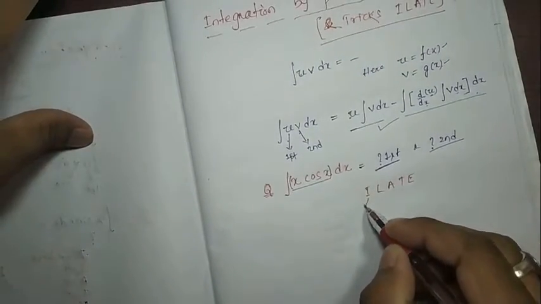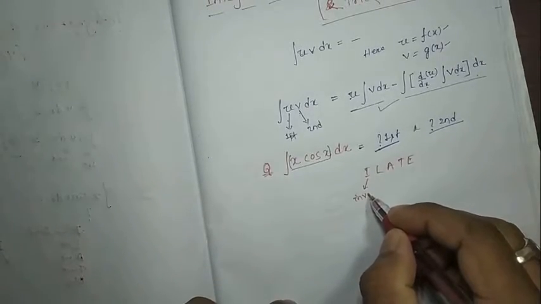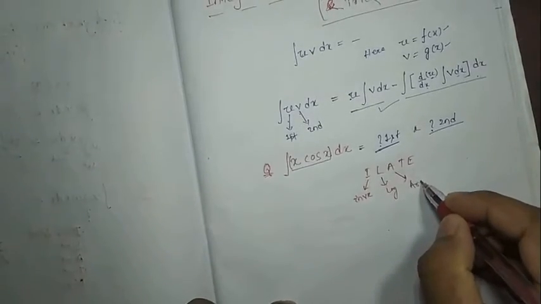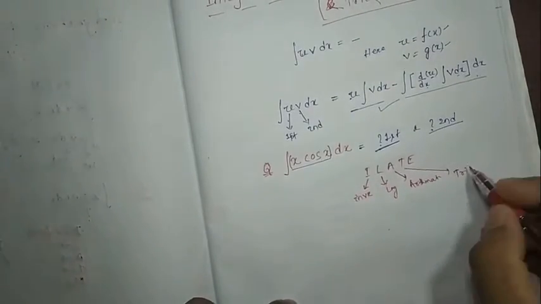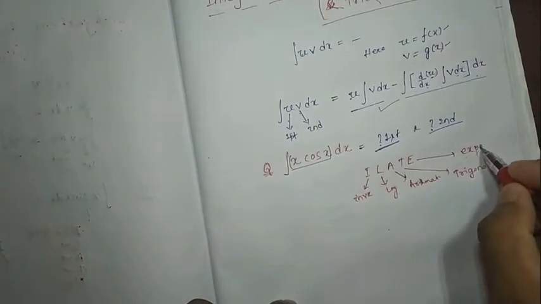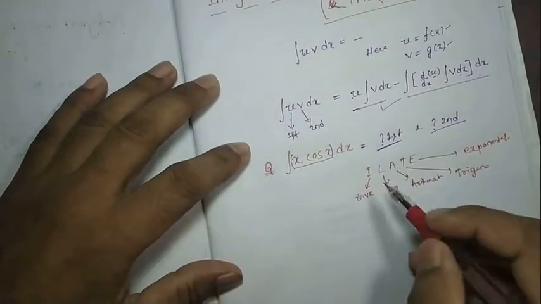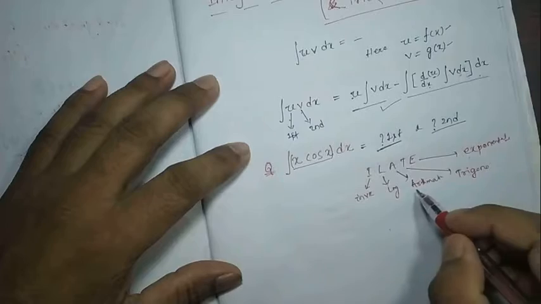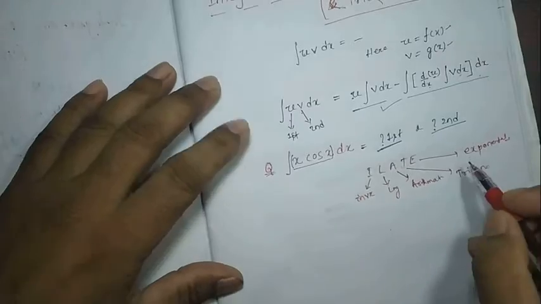Here I stands for inverse, L for logarithmic, A for arithmetic, T for trigonometric, E for exponential function.